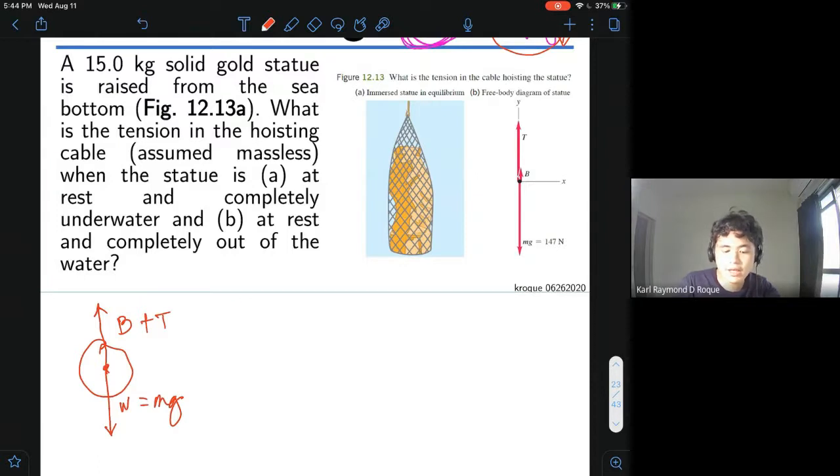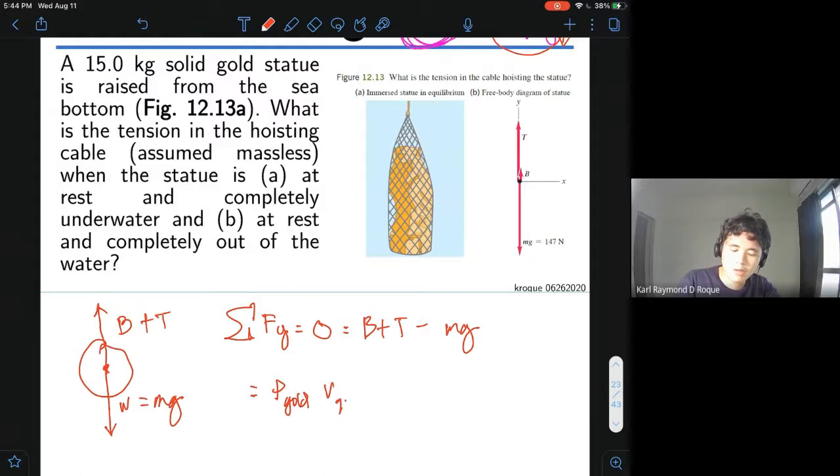At rest siya and completely underwater. So, ang sum of forces along the y-axis equals 0 equals B plus T minus mg. Buoyant force, weight of the fluid displaced by the object is the buoyant force. So, rho gold, V gold, g plus tension minus mg, 15 times 9.8. Solve accordingly, you'll get na yung tension.